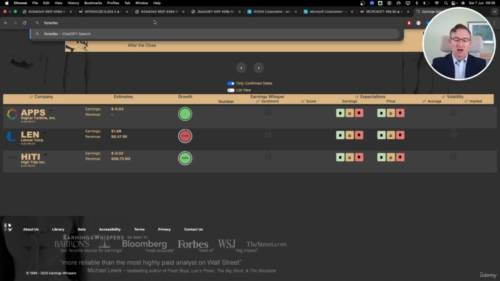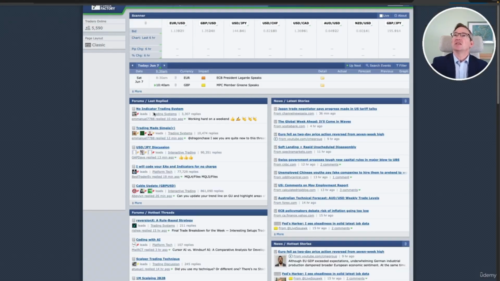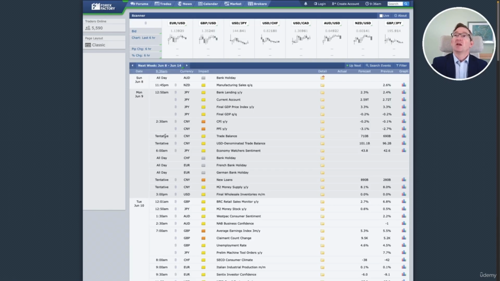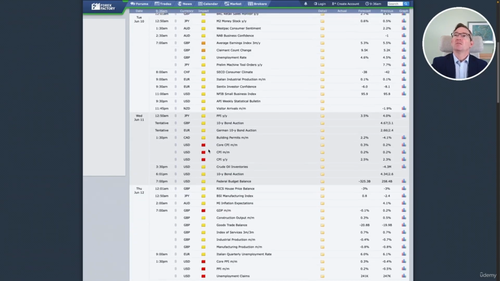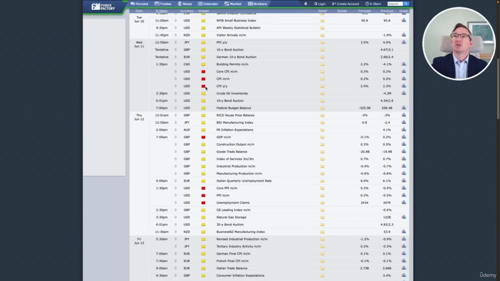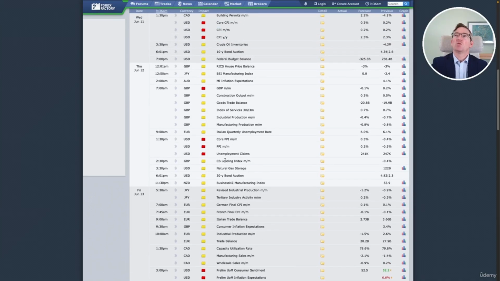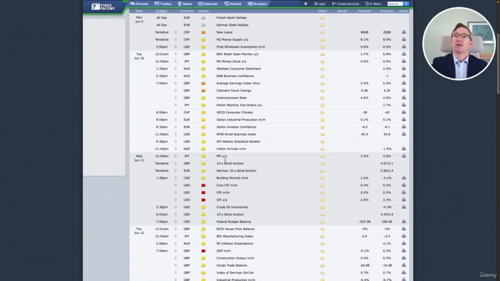That's nice and straightforward, and you can easily filter what's coming up in the coming week. You don't need to pay for it as well. It's free. It will tell you the most important events. Remember, don't be confused. Just because it's red, it doesn't necessarily mean it's the most important. Sometimes you can have an amber one that's important. It just depends what the current focus of the market is on.